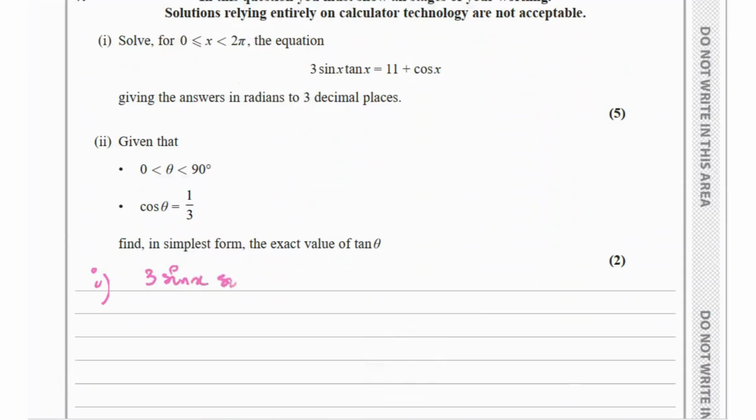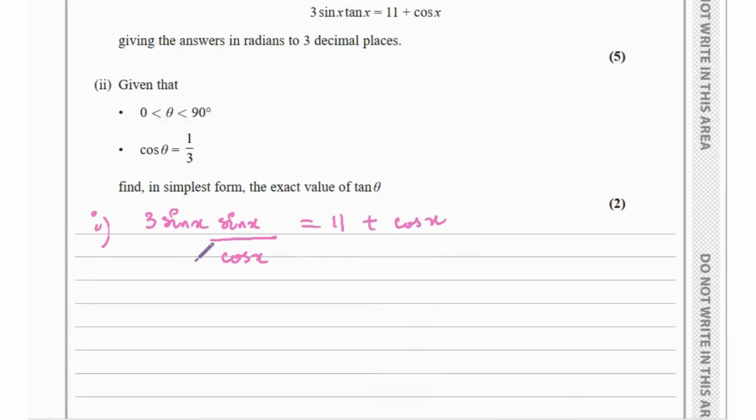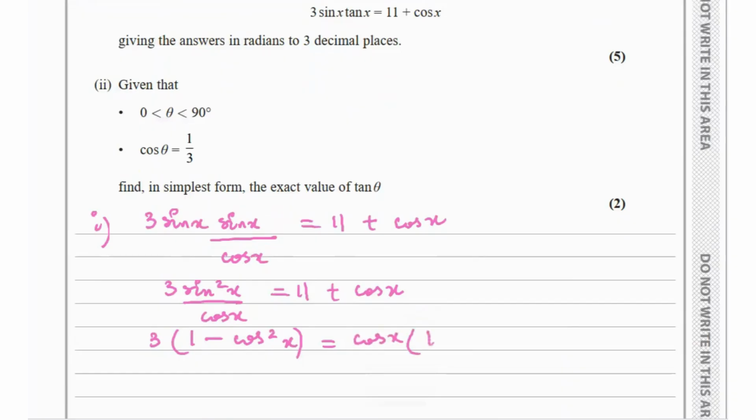Multiply it, it's going to be 3 sine squared x over cos x equals 11 plus cos x. So replace the sine squared x with 1 minus cos squared x because I want everything to be in terms of cos to solve it. And then we can cross multiply the cos x with 11 plus cos x.